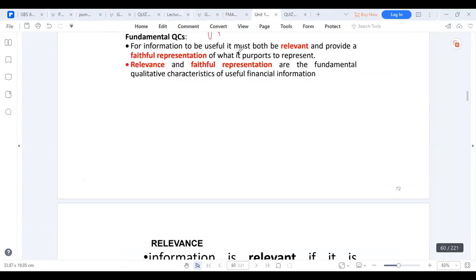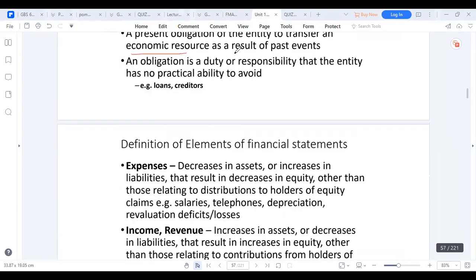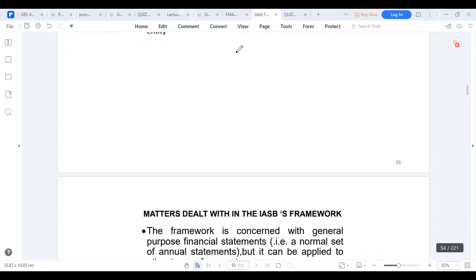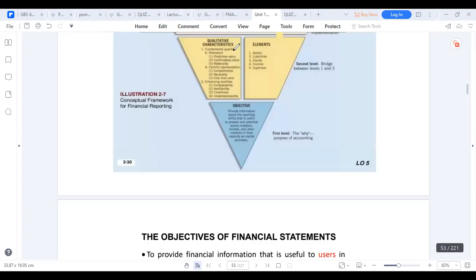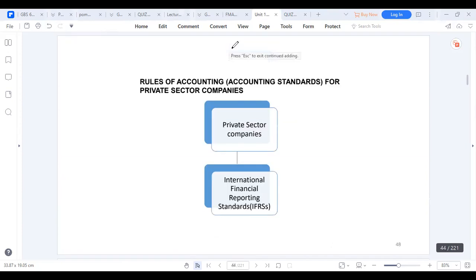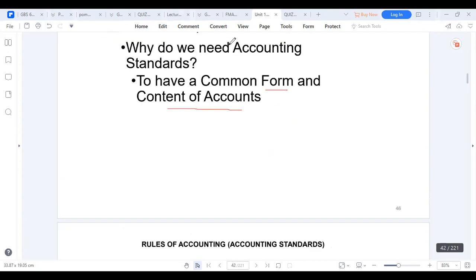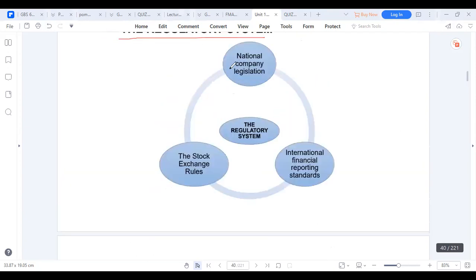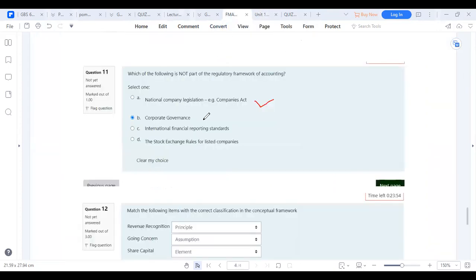Just a quick check, can you remember? We looked at this diagram slightly above this one. So which one is not? We have stock exchange, national company registration, and international reporting standards. So which one is not? Corporate governance. So we have national company, national reporting standards, stock exchange. So this one is not.